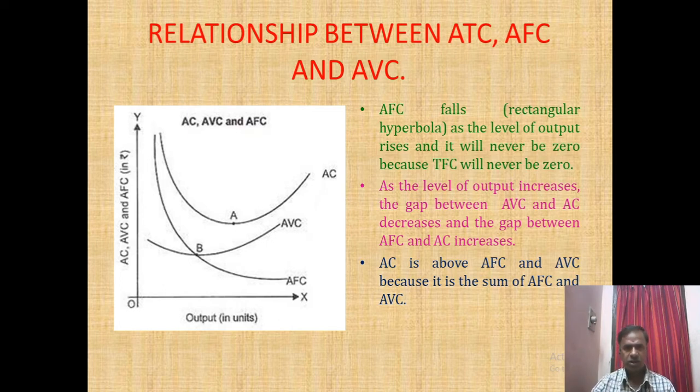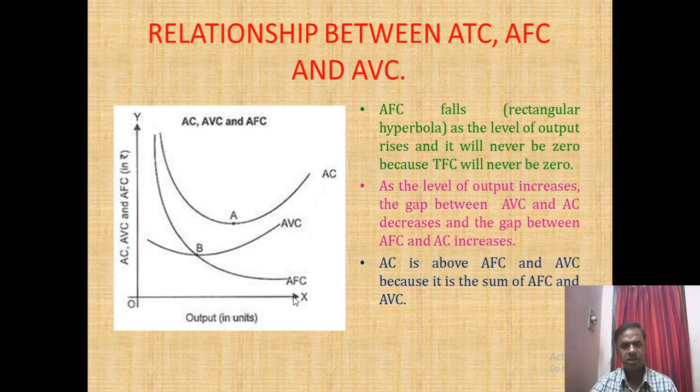Right? Again I repeat here. First, you can say that AC and AVC are U-shaped. AFC is rectangular hyperbola. At the initial level of output, the difference between AC and AVC is larger.